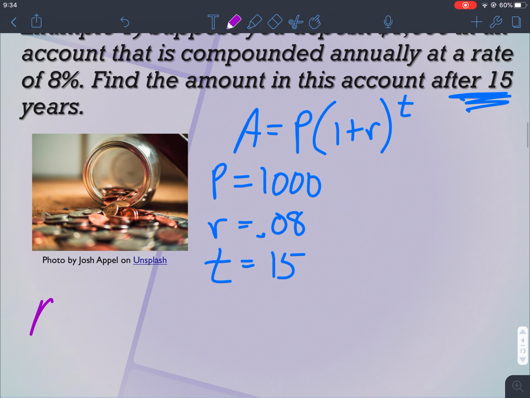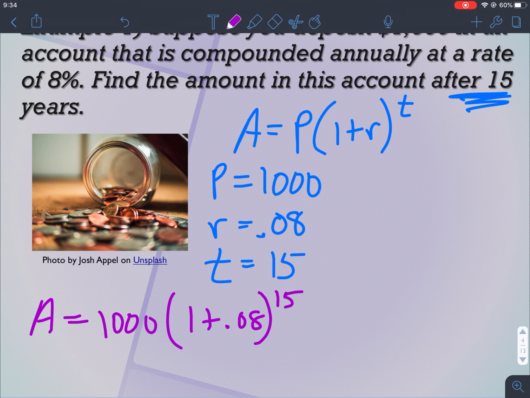We can put this into a calculator and write 1,000 times 1 plus 0.08 to the 15th. We want to follow our order of operations and make sure that you do what's in the parentheses first, and then exponents. So 1.08 to the 15th power gives me a really long decimal.